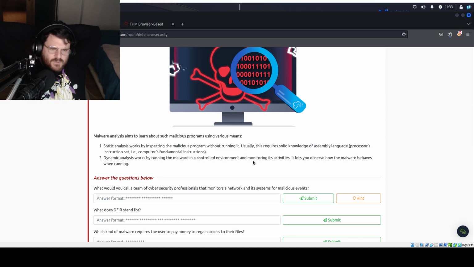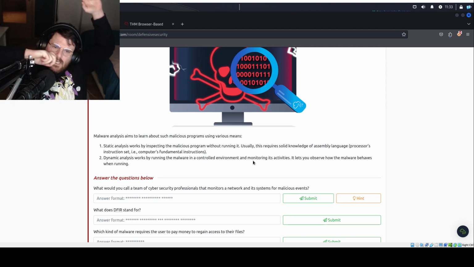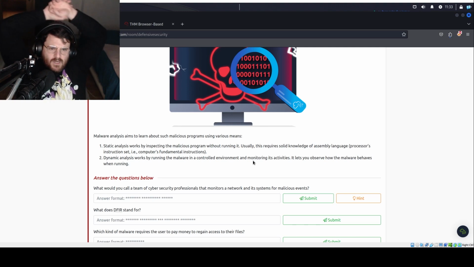In other words, computers' fundamental instructions, machine language, binary language. Dynamic analysis works by running the malware in a controlled environment and monitoring its activities. It lets you observe how the malware behaves when running.